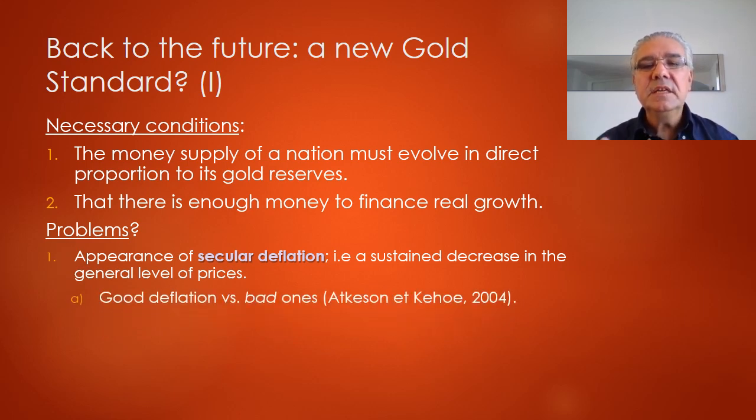Now, Atkinson and Keogh, in their 2004 paper, differentiate between good deflation and bad deflation. For them, good deflations come from technological progress, which makes economic growth possibly faster than the growth of the stock of gold.